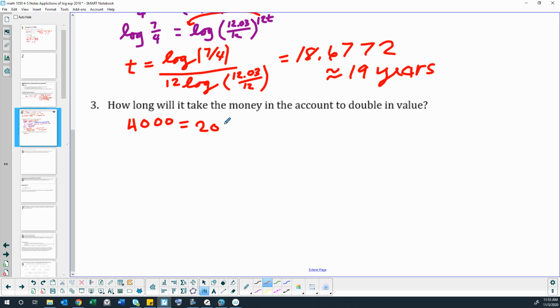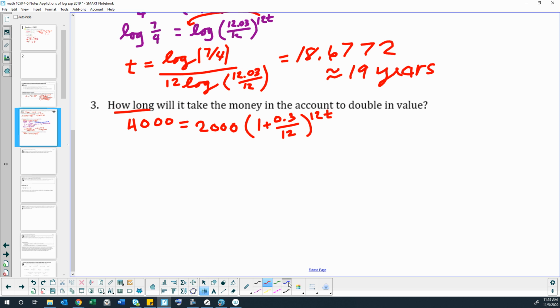That's our goal. So we have 2,000 here, and we still have our 1 plus 0.03 over 12 to the 12t power, because again we're solving for t, we're finding how long, so t's our variable.